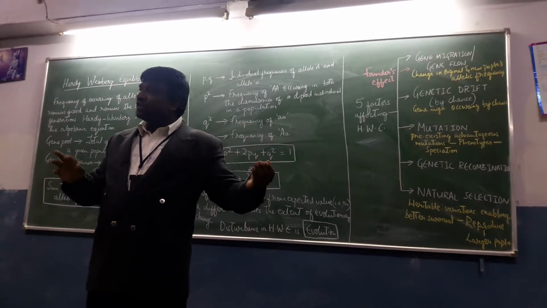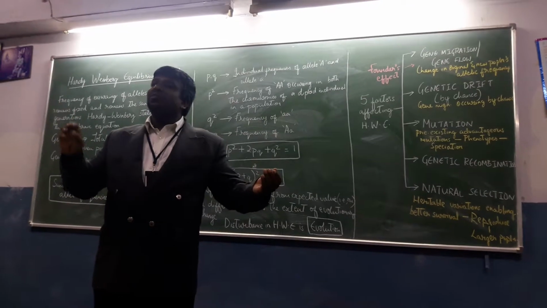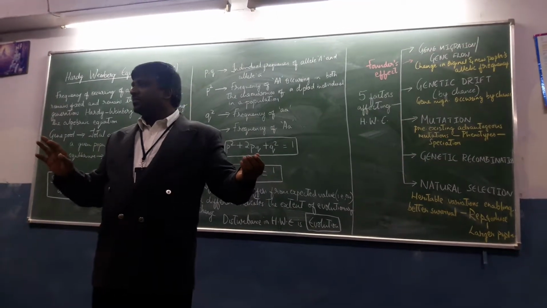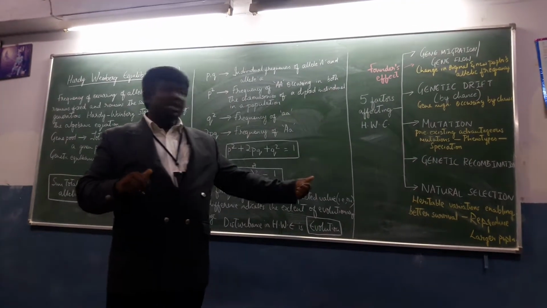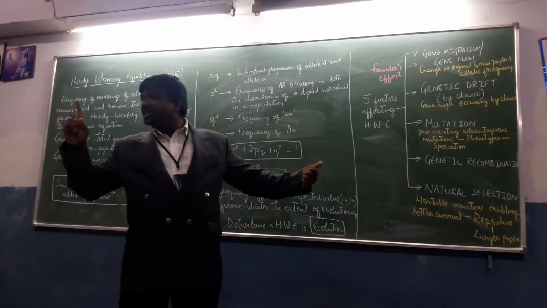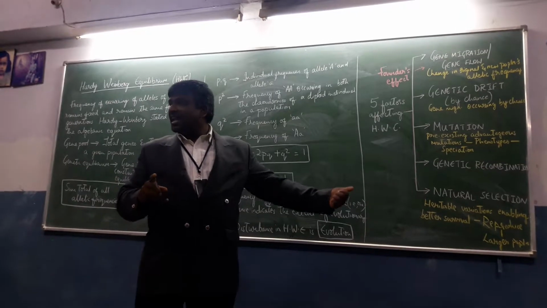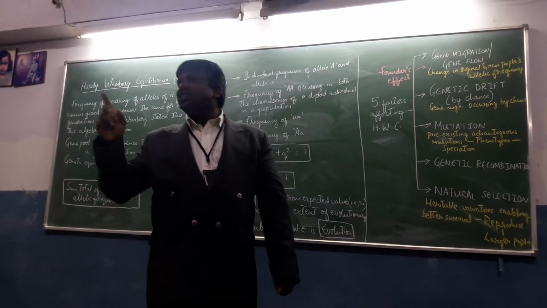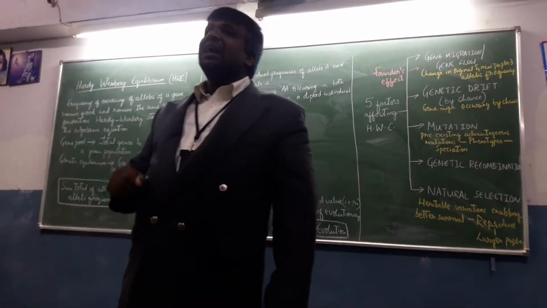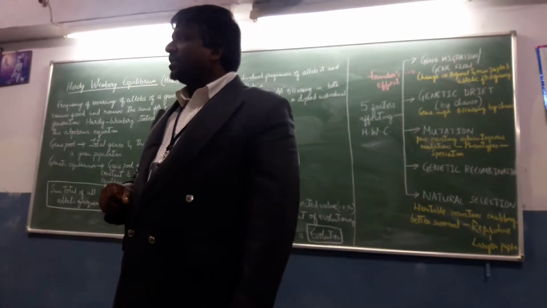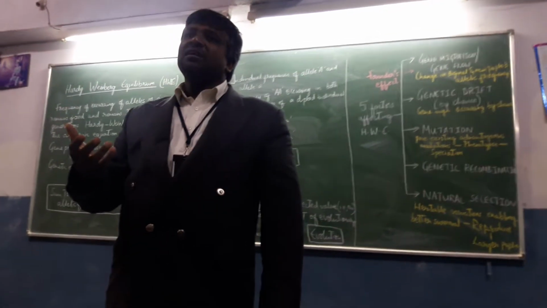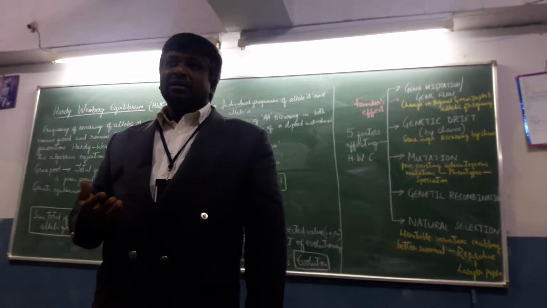And at that point of time, the dark colored moths were very few in number. Okay. So which type of heritable variation can survive is decided by nature. So natural selection also disrupts Hardy-Weinberg equilibrium. This is one more factor which affects the Hardy-Weinberg equilibrium.